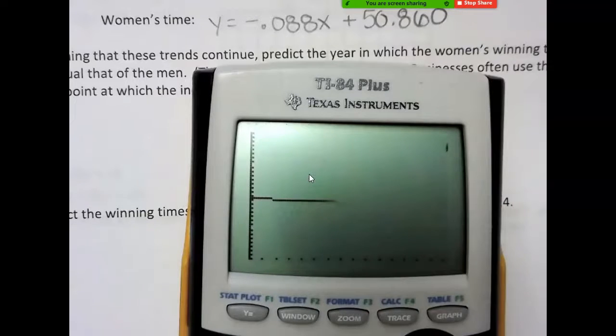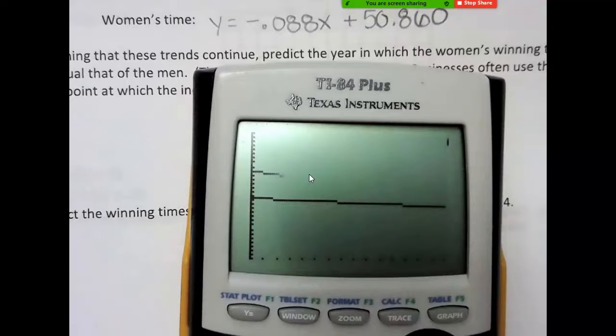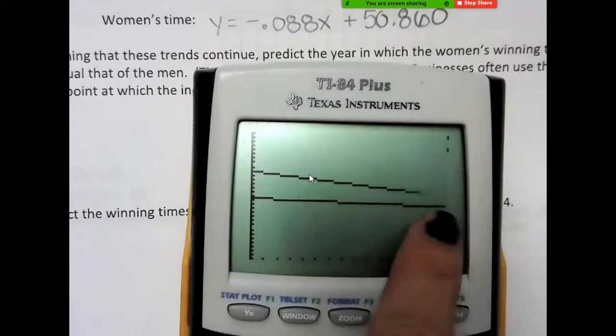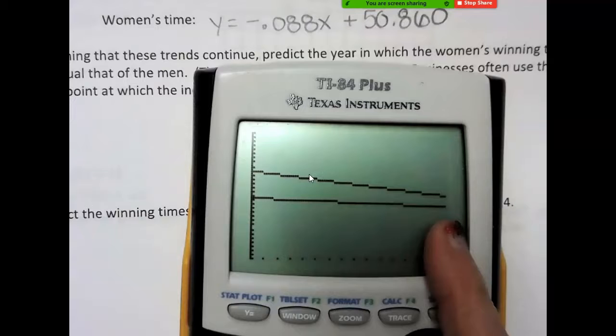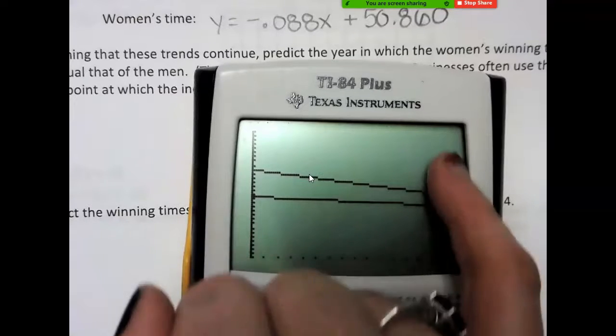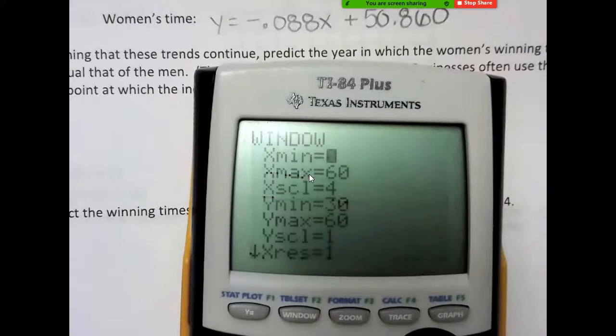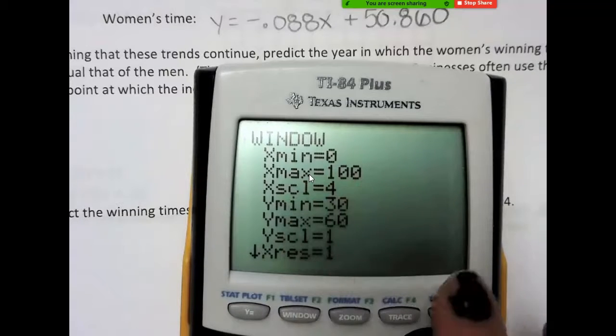Hitting graph. That first line's men. Second line's women because they're slower. And we can see that even after 60 years, the men and women will never be the same time. So I've got to go back to my window, maybe go out to 100 years.